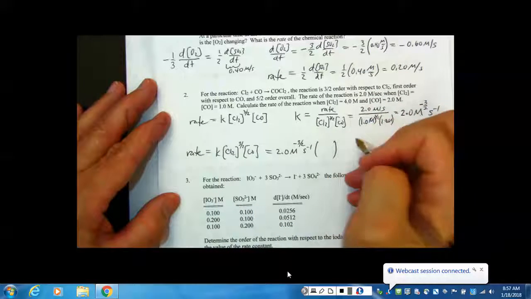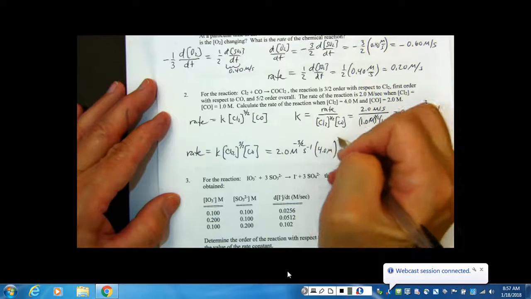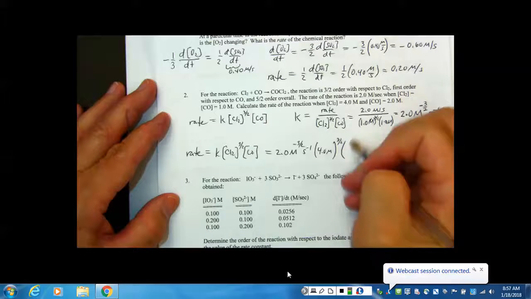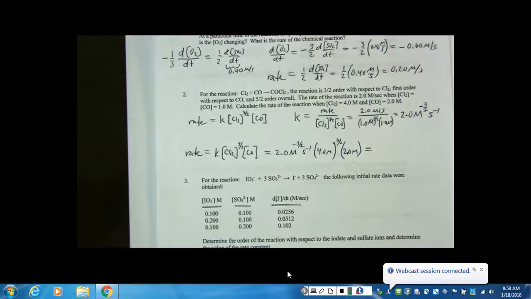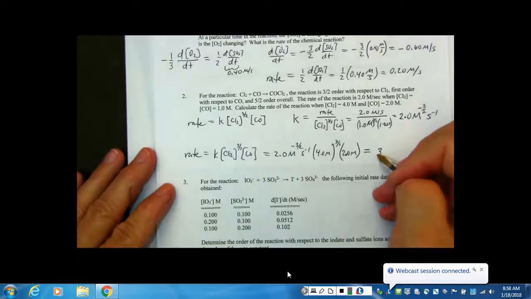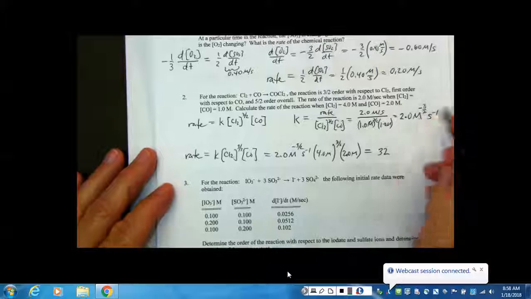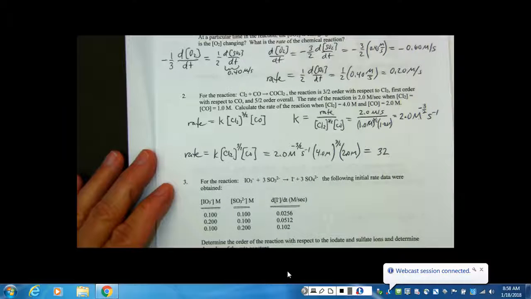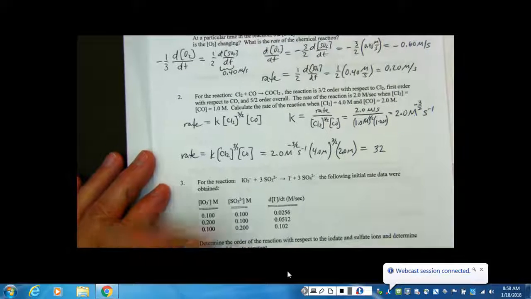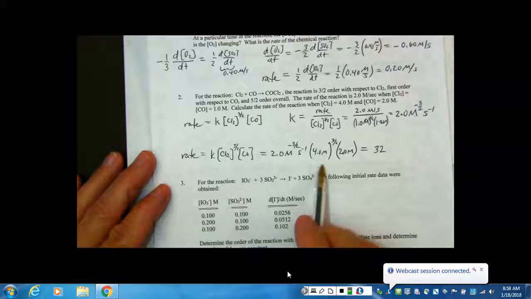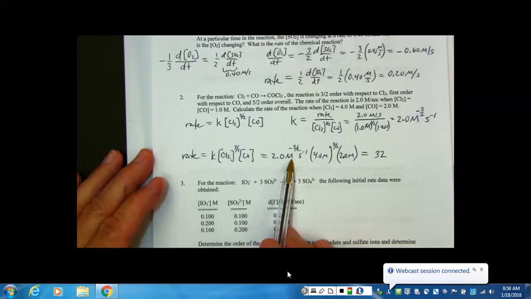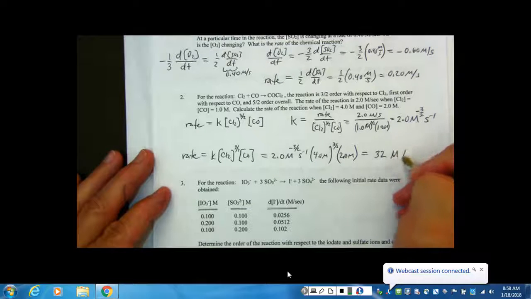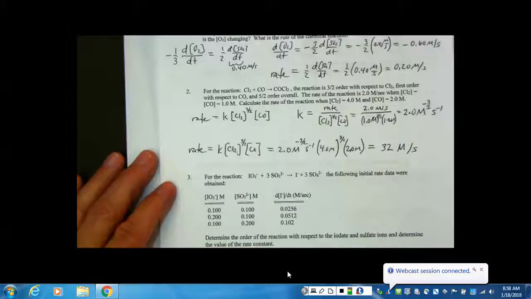Chlorine is 4 molar to the 3/2, and carbon monoxide is 2 molar to the first power. If you plug that into your calculator, I think you get 32. And what are the units on that? You get molarity to the 5/2 power times molarity to the minus 3/2, to the 1. So that's going to be moles per liter per second, which is what you better get with a rate.